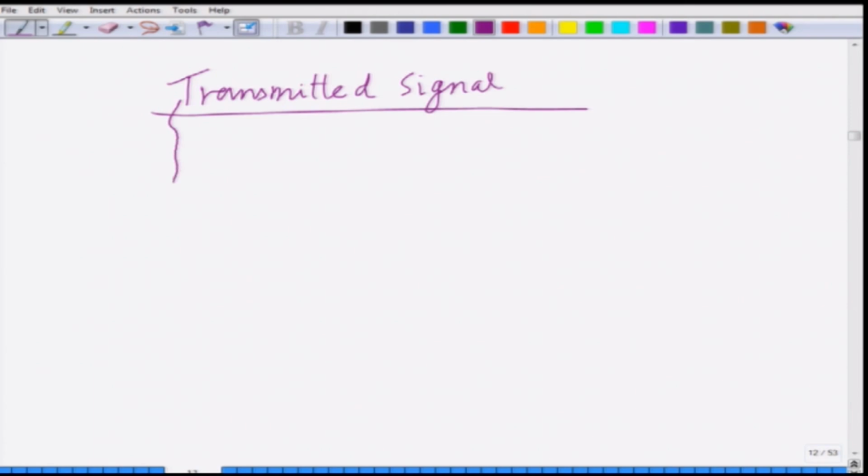The transmitted signal can be written as follows, what we call a passband signal. Sp of t is simply the real part of s of t times e to the power of j 2 pi Fc t.